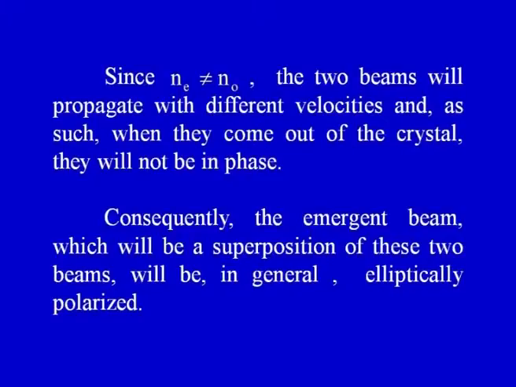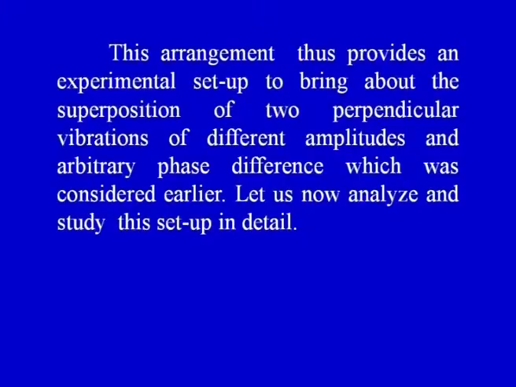We have discussed this case in the earlier lecture as well. The arrangement thus provides an experimental setup, and that is the main thing. We are discussing the experimental setup now to bring about the superposition of two perpendicular vibrations of different amplitudes and arbitrary phase difference, which was considered earlier as I pointed out.